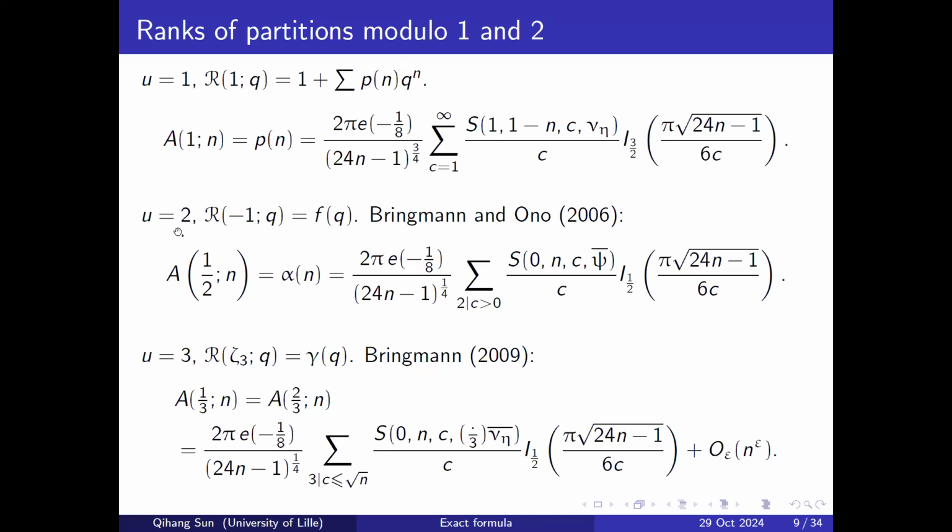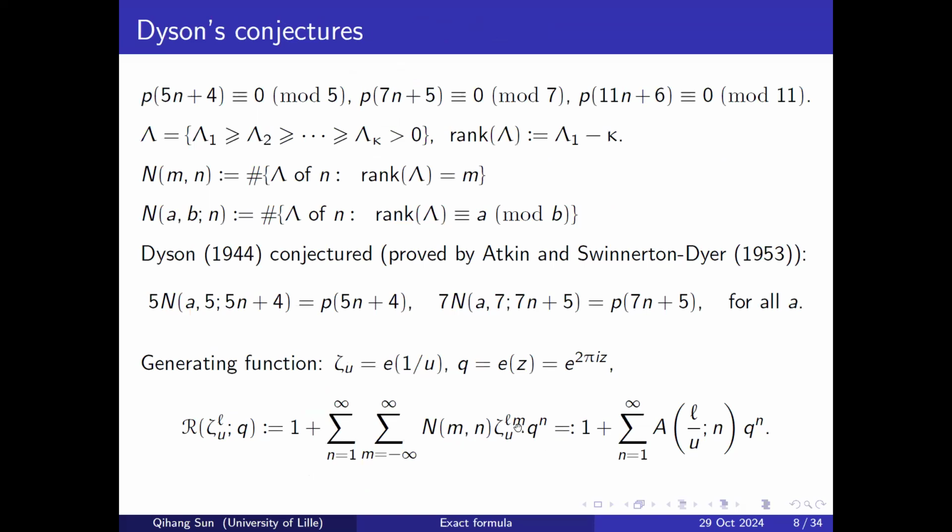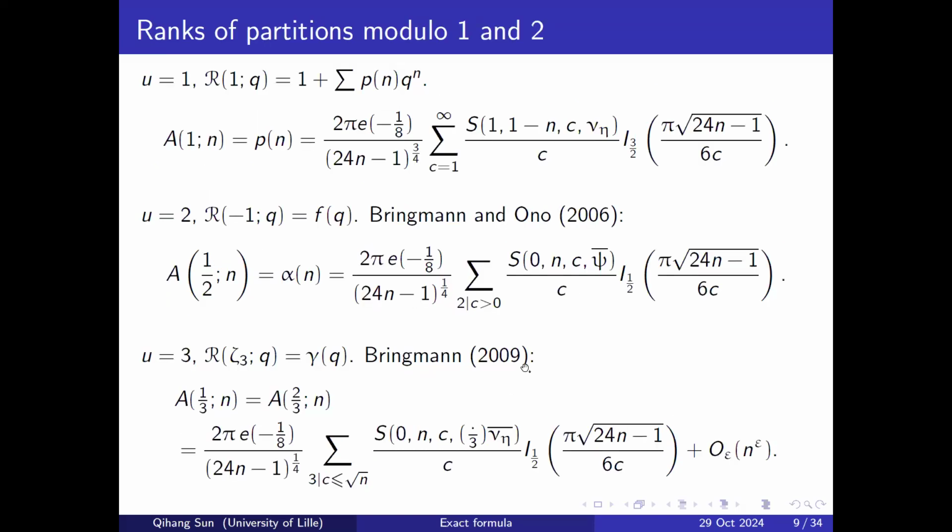And if we take u is -1, then this will be just -1 to some power of m. So we are actually just summing up all the even ranks minus the number of odd ranks. And the generating function now becomes Ramanujan's third order mock theta function.